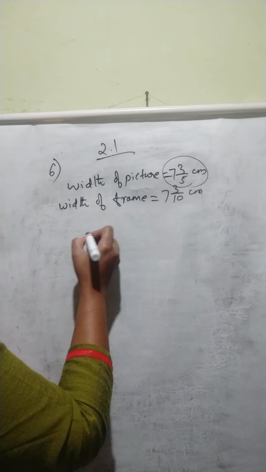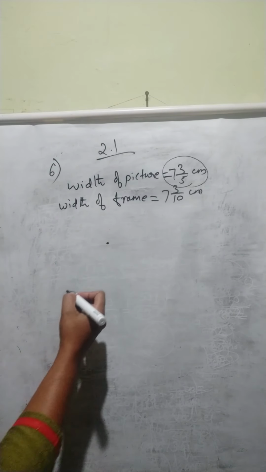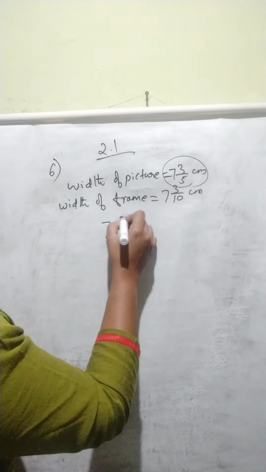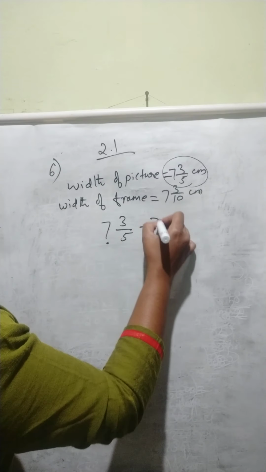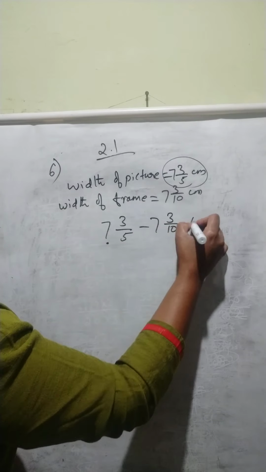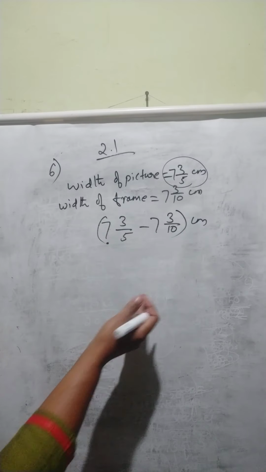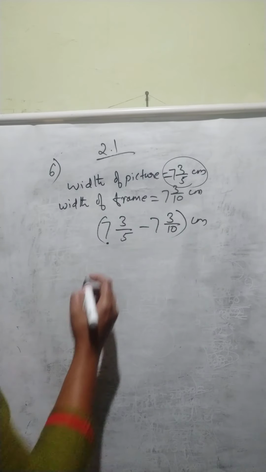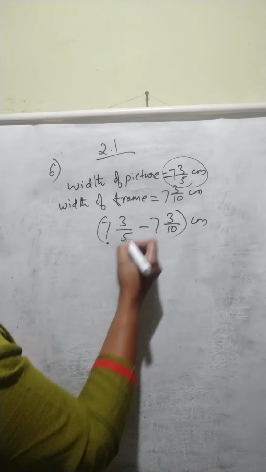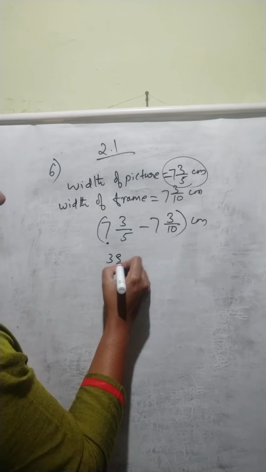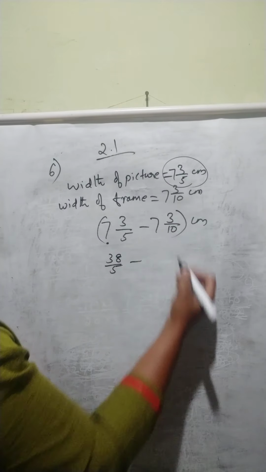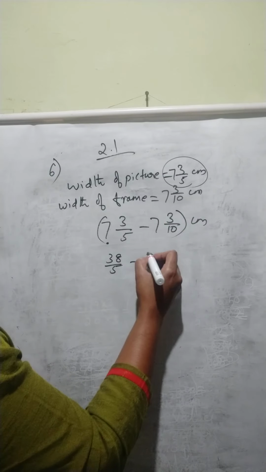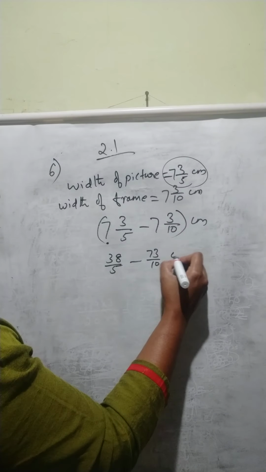We can find by subtraction: 7 3/5 minus 7 3/10. That much centimeter we have to trim out. Okay, so 7 5s are 35 plus 3, that is 38/5, minus 7 times 10, 70 plus 3, 73/10. That much centimeters.